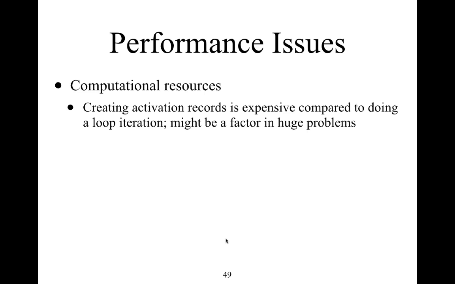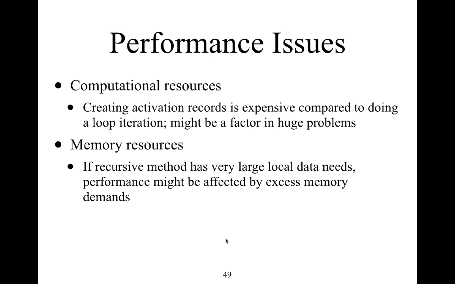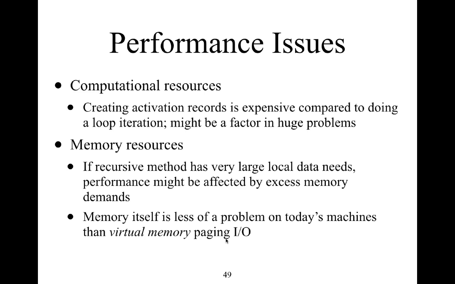Performance. Creating activation records is expensive compared to doing a loop iteration. That could be a factor. Activation records do take up space, which you wouldn't need in an iterative solution as many. Memory itself is less of a problem in today's machines because of the large memory and virtual memory.